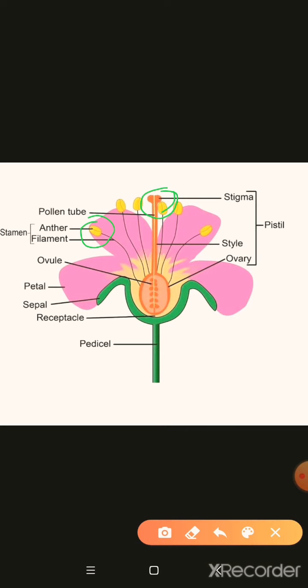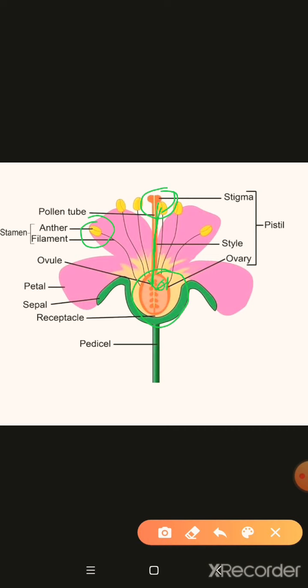These pollen grains enter the ovary through a tube-like structure known as the pollen tube, and the pollen grains fertilize the ovules which are present in the ovary.